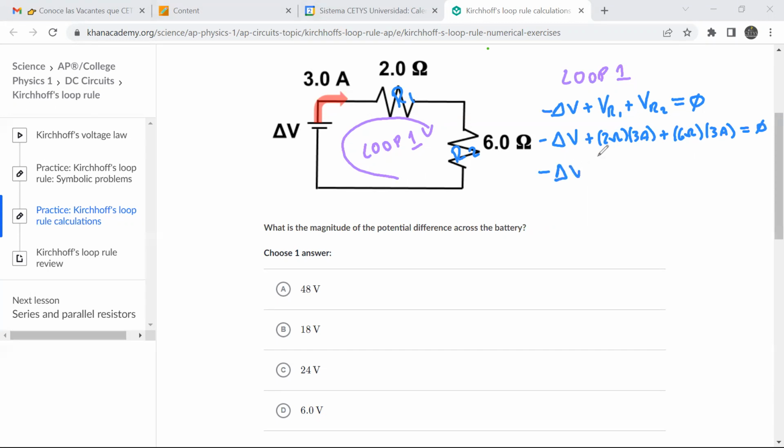So minus delta V plus 2 times 3 is 6. 6 times 3 is 18. So this means that delta V has to be equal to 24 volts. So in this case, it should be C.